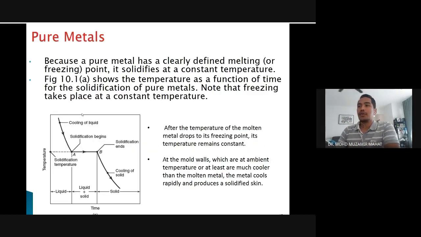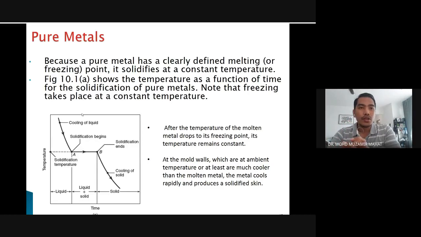Okay, so pure metals have a clearly defined melting temperature, or melting and freezing point, because it is pure metal. There is no other element within the system. It's like when it is copper, it's just copper inside. There is no chromium or any other elements.